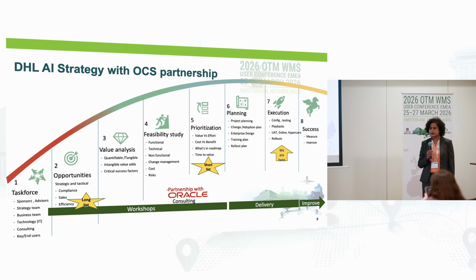Together with the right decision makers, we analyzed: is it functionally possible, technically possible, non-functional, like system performance, change management? Can we still train the users within the given time? Do we have the money? Yeah, we know. And what risk are we facing? So we did a long feasibility study, and then we prioritized. We use a very complex tool for prioritization.